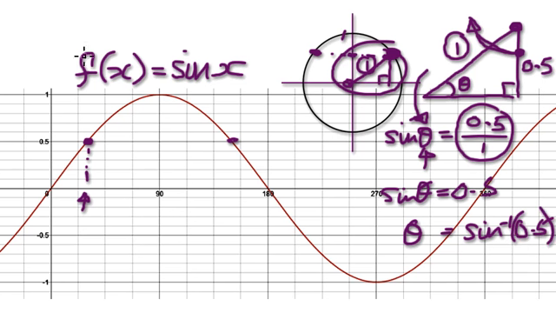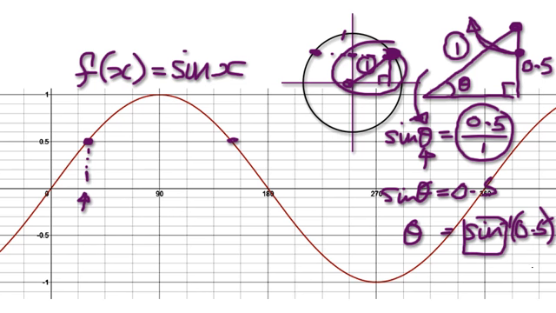So in the previous video, I asked you what values of x, what angles, will give me a height of 0.5? Well, you could just get a calculator and punch in inverse sine of 0.5.